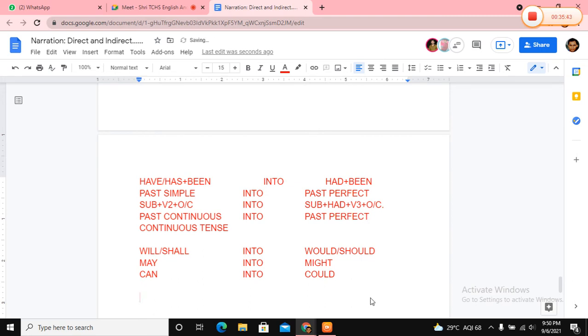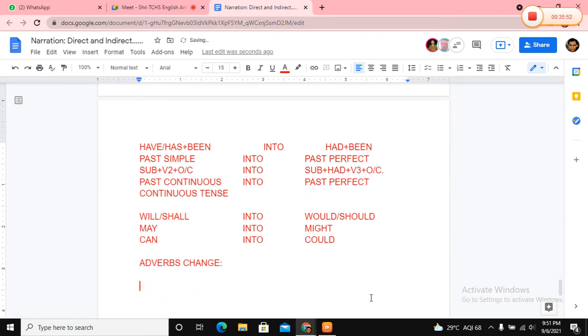Now we'll see adverb changes. Tomorrow, the following or next day.